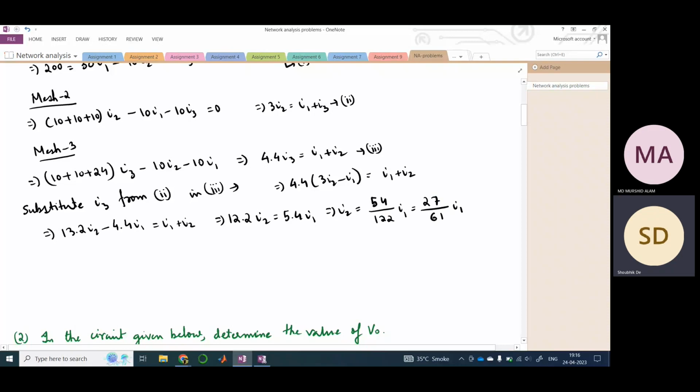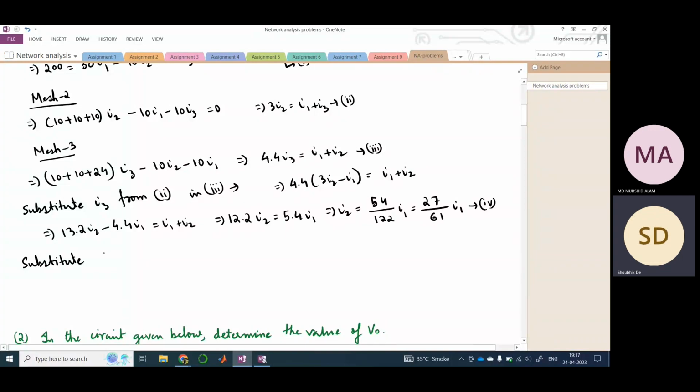And let us mark this as equation number 4 because we would be requiring this. So this would be equation number 4. Now let's substitute. This kind of problem is a bit lengthy, so you need to do it patiently.